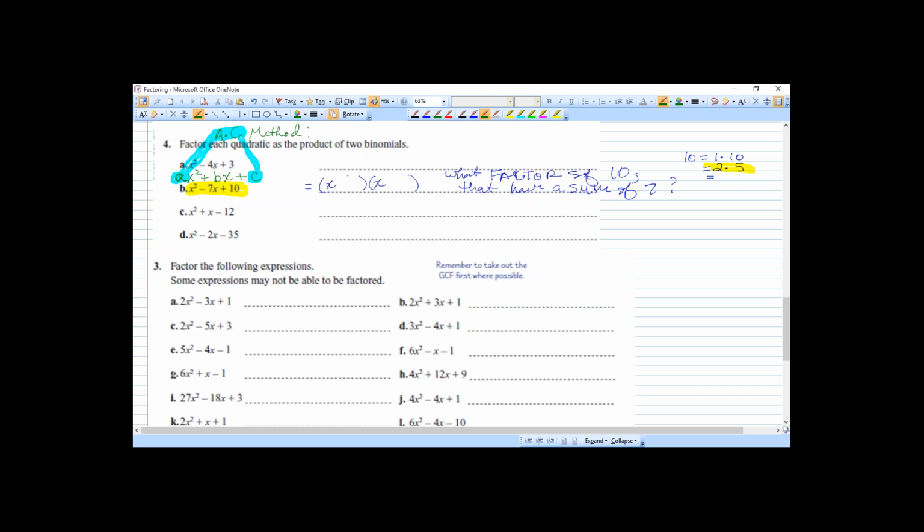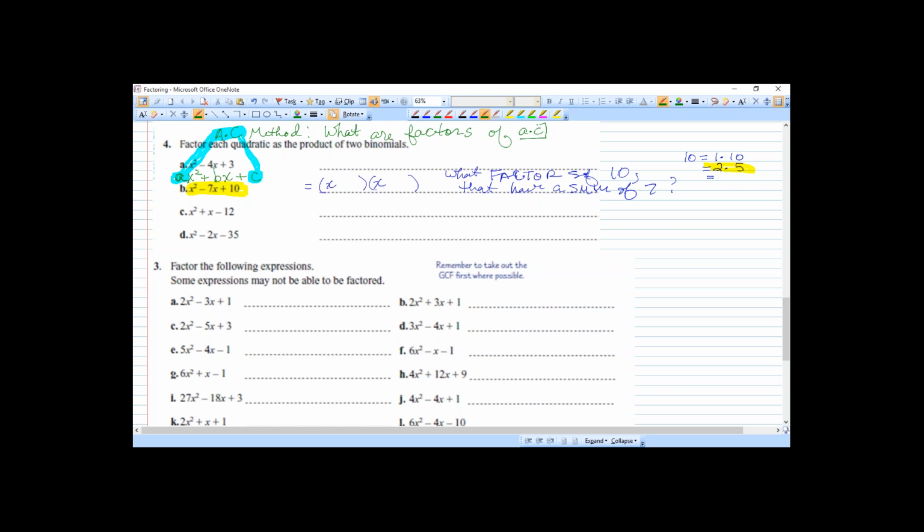And so we usually ask this question: what are factors of A times C?